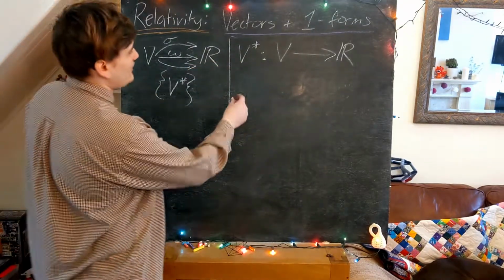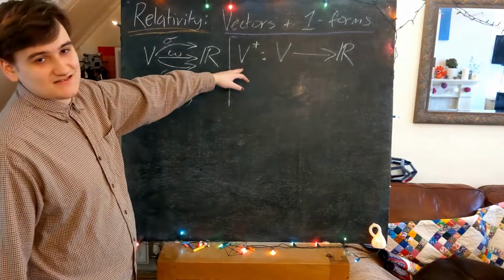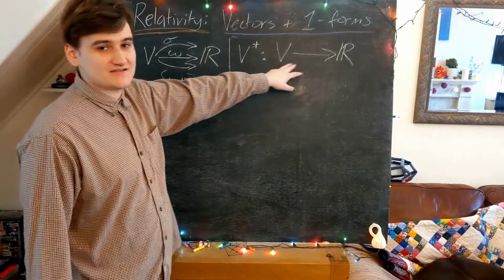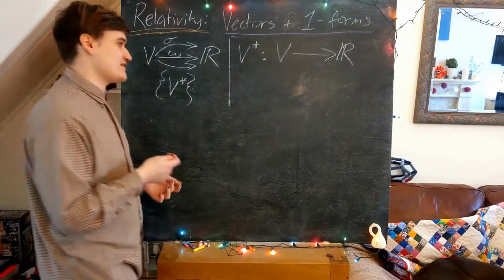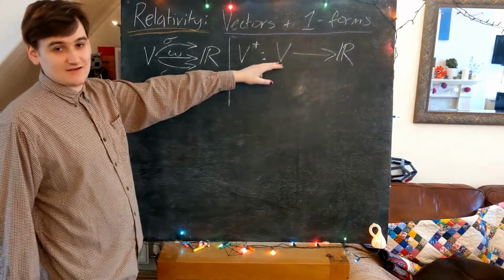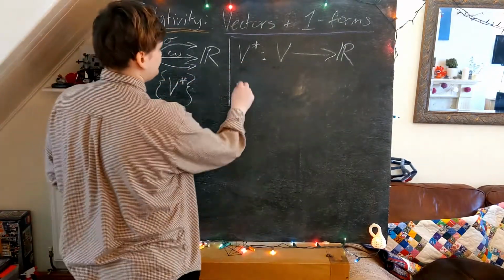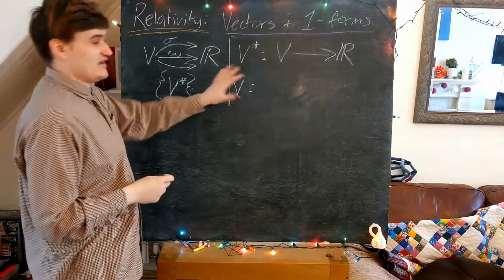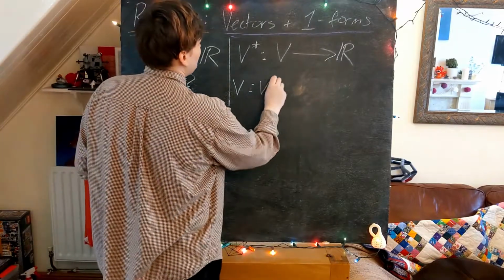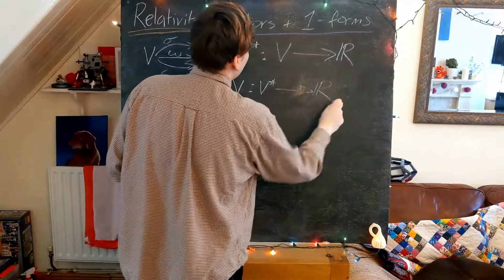Essentially, dual vectors are linear maps from vectors into real numbers, but you can work this the other way around and realise that vectors are linear maps from dual vectors into the real numbers. So you can equally define a vector space as the space of all linear maps from some dual space into the real numbers.